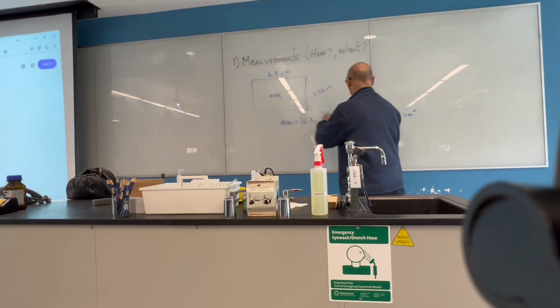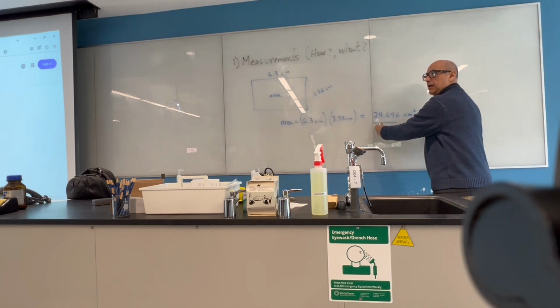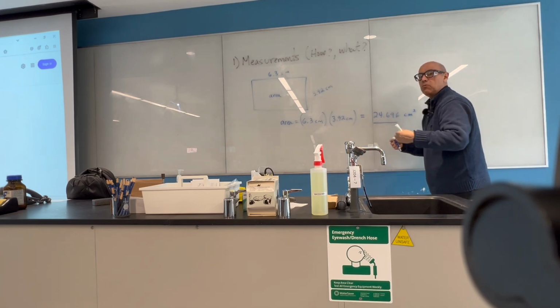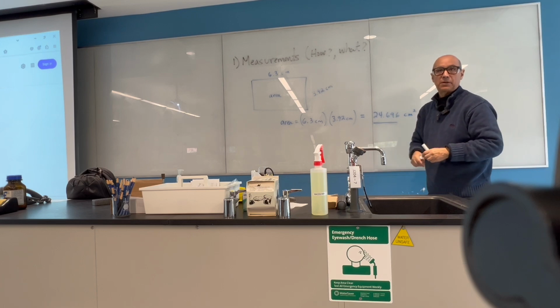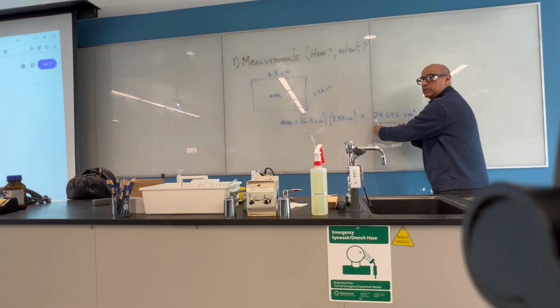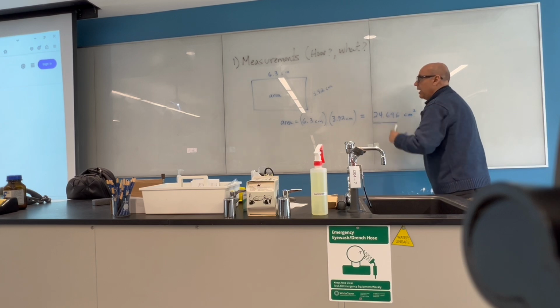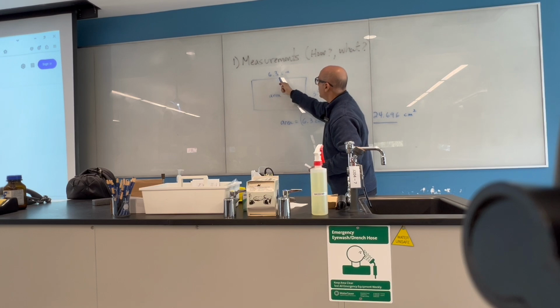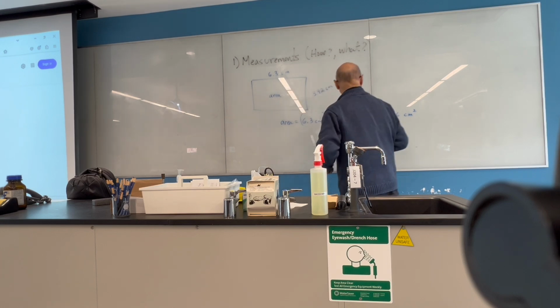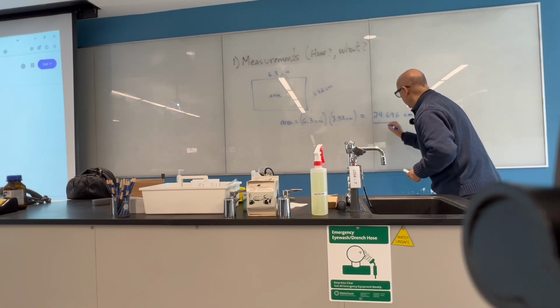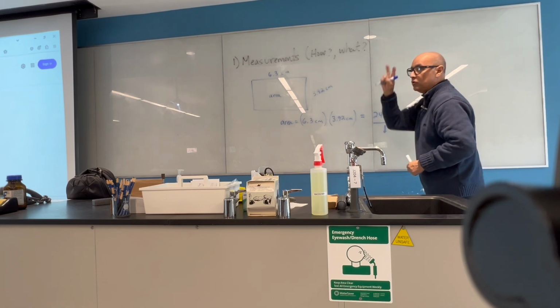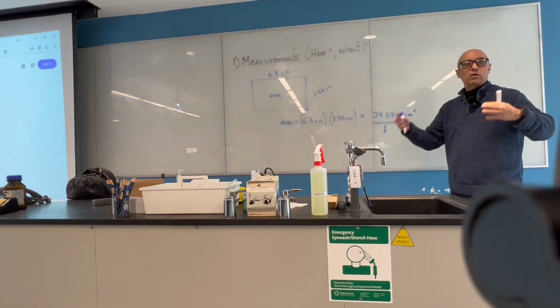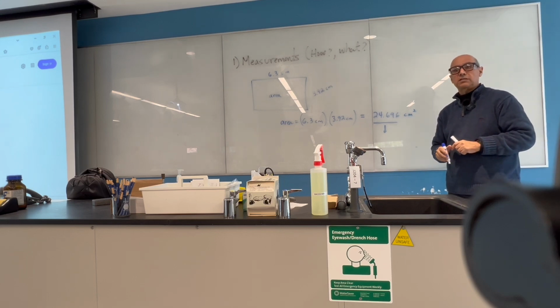So when I report this area, I need to be mindful of the number that was the least precise number, because that limits how certain I can be of this answer. And that means you need to look at the number that has the fewest significant digits, 2 versus 3, and round this number to 2 significant digits, to the number with the least number of significant digits.